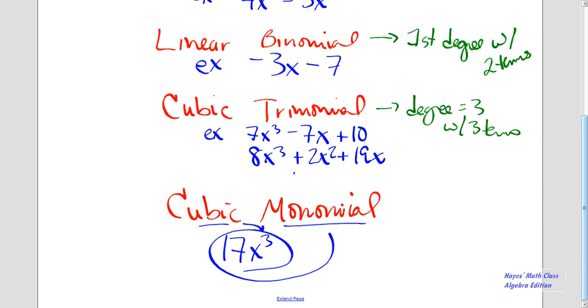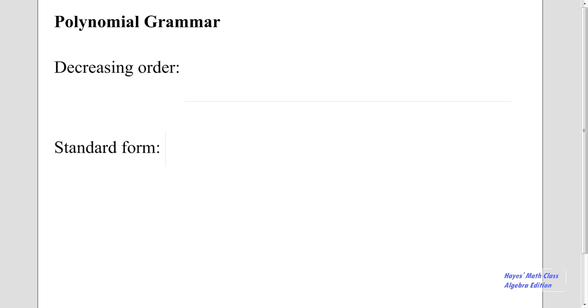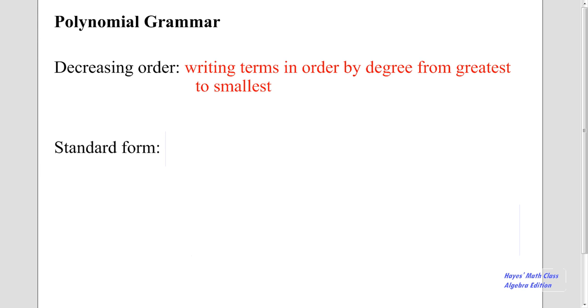Last little thing. We can do some work. Polynomial grammar. Decreasing order. Writing terms in order from degree from greatest to smallest. Okay? So you're always going to do this in greatest order.